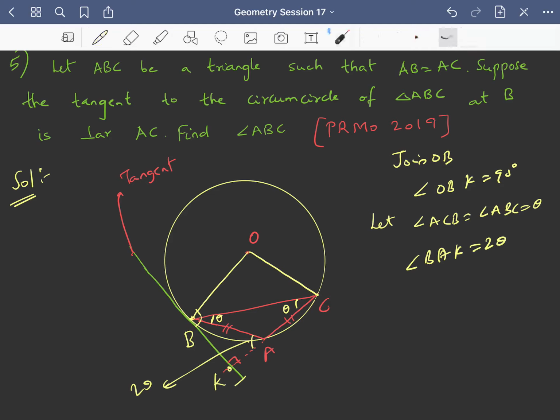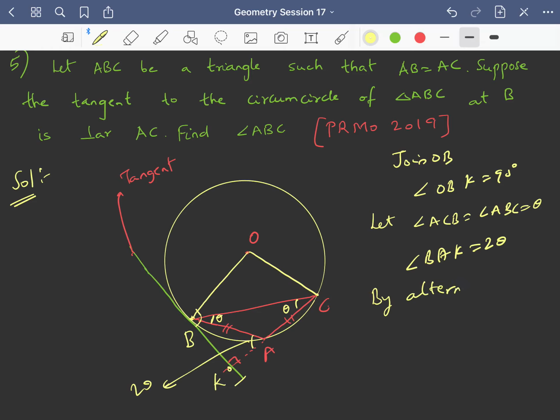Now what I'm saying is AB is a chord of the circle and this is the tangent. So the angle made by the chord with the tangent at the point of contact, that is this angle ABK, should be equal to the angle subtended by the chord in the alternate segment. This is the alternate segment theorem which we have studied.